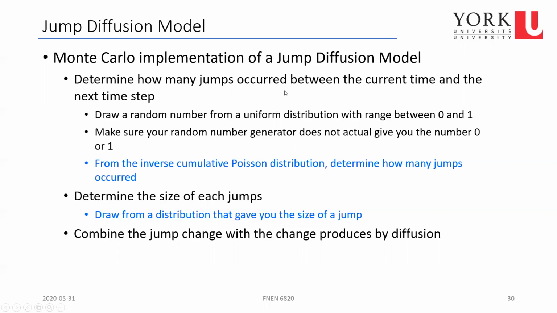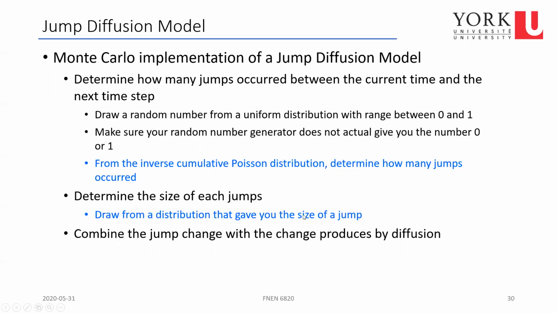So to do the Poisson jump, once you have the lambda and the k, you generate a random number from the uniform distribution between 0 and 1. Then from the inverse cumulative Poisson distribution, whatever number you draw out of this uniform distribution determines how many jumps have occurred for one time step.